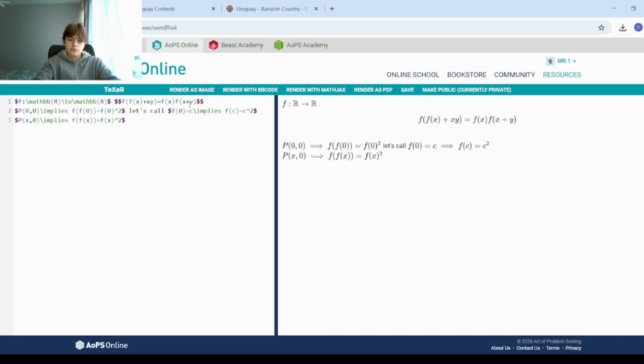From here we might suspect that f(x) is equal to x squared. So our guess should be f(x) is equal to x squared. But how can we prove that? We can try like this.